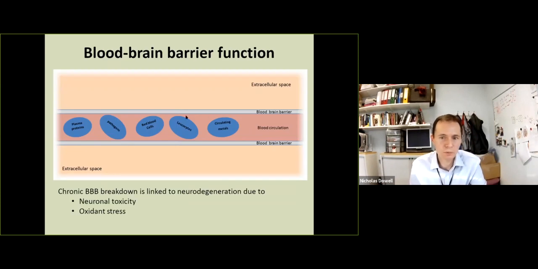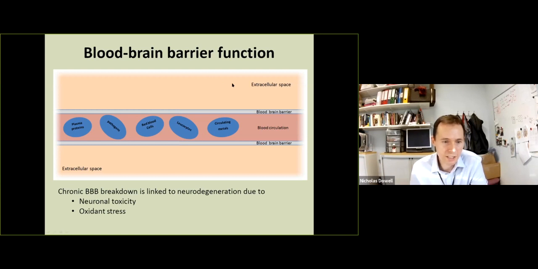In a cartoon picture of it here, if you take a lateral section through it, you can see that what it does is it just protects the brain tissue, this sort of orange bit here, valuable brain tissue, from potentially toxic species. So plasma proteins, pathogens, red blood cells, leukocytes, and any circulating metals that we find in the blood circulation.